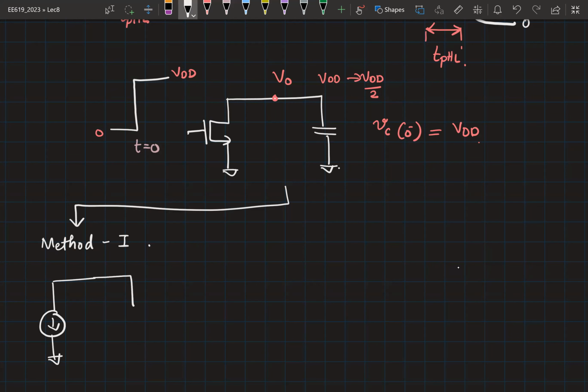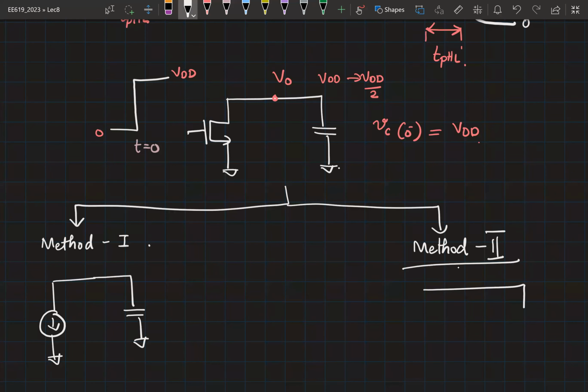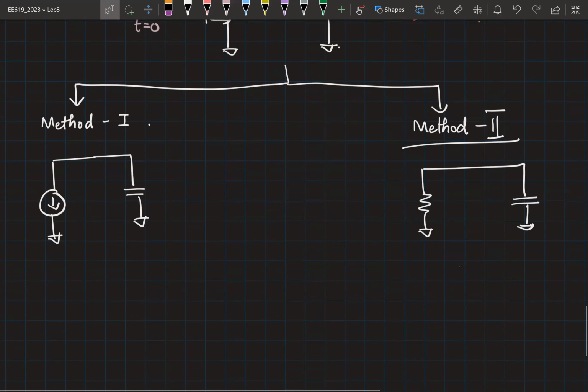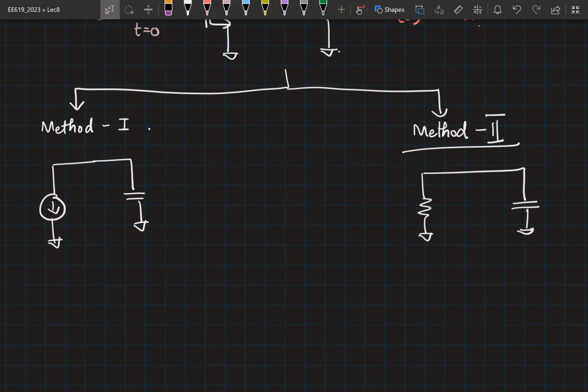And in method 2, we will model it as a resistance. So did you get a chance to do this? Any comments on the results you got? Did anyone try this? Okay, so let's start with method 2.